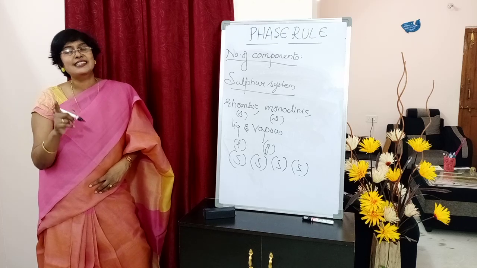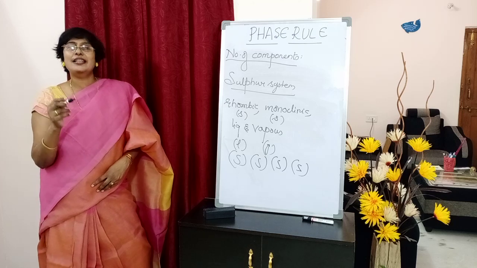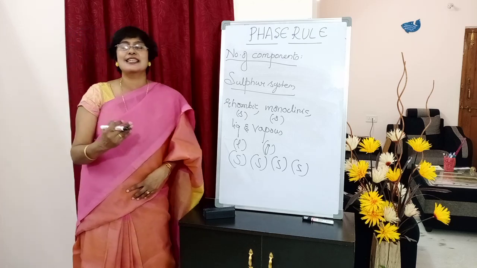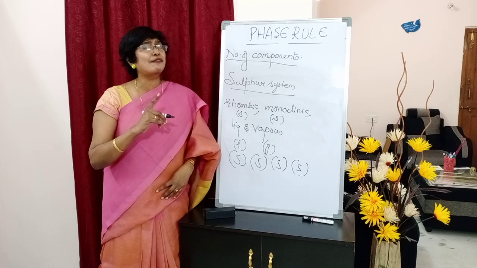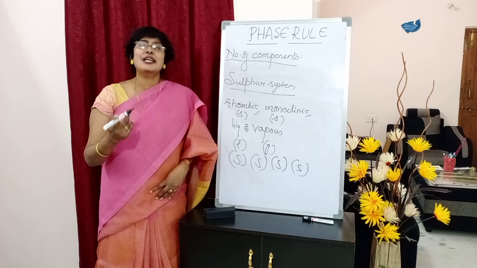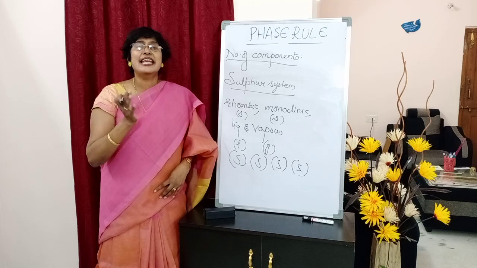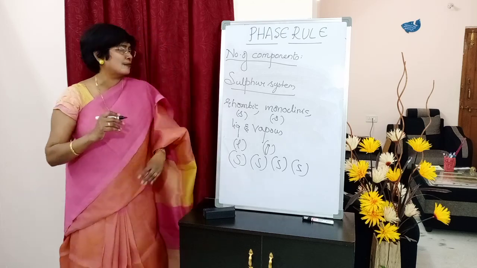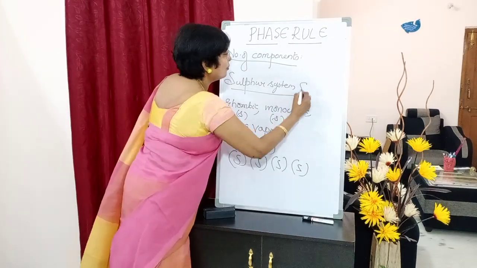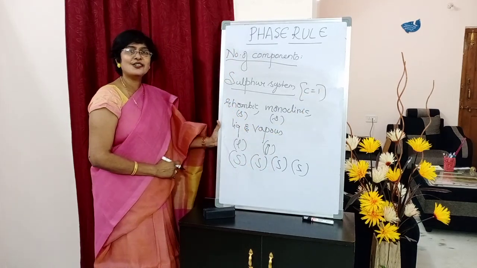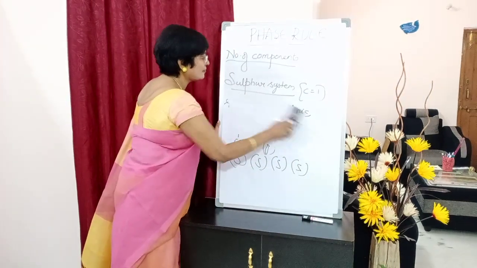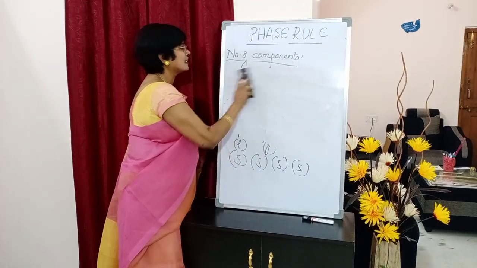Only one, that is sulfur. Even though there are 4 phases, we require only one chemical, that is sulfur, to explain the chemical composition of any phase in sulfur system. So again it is a one component system. Okay, understood now?